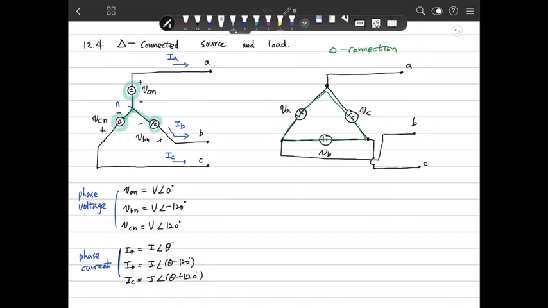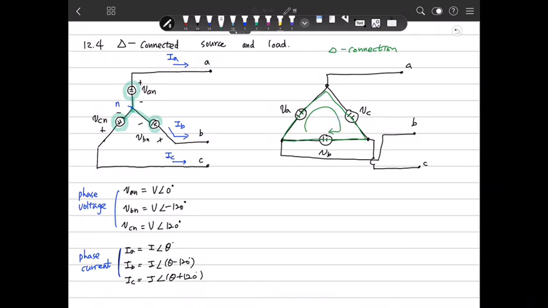So in this case, the delta connection has a very special thing, because this is a loop in the source. So there will be some current here. Maybe you can define the current distribution in this manner.